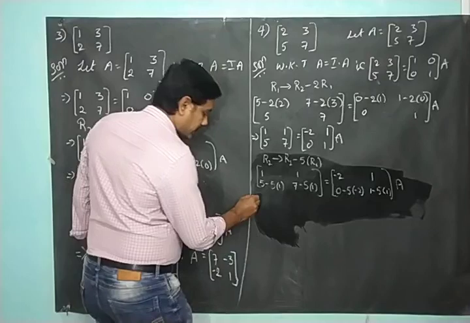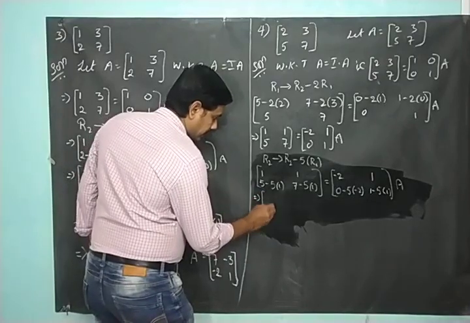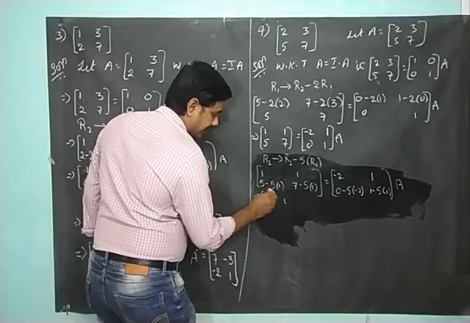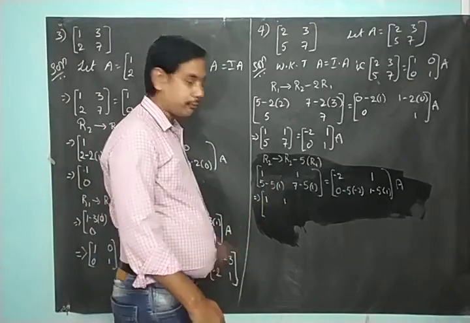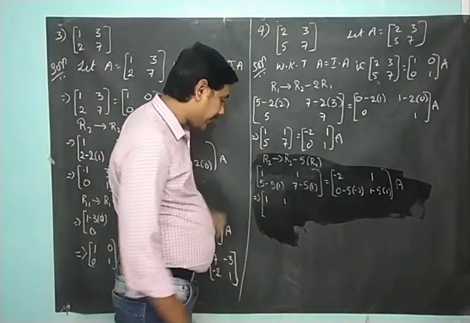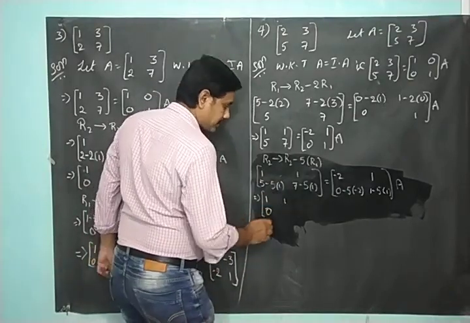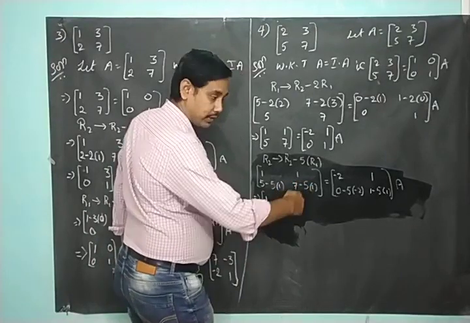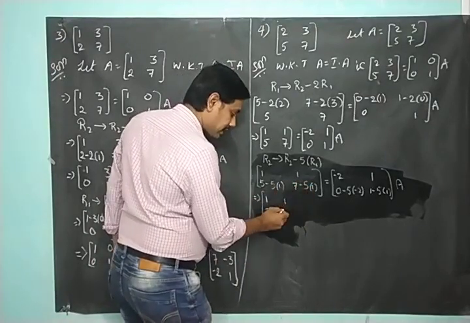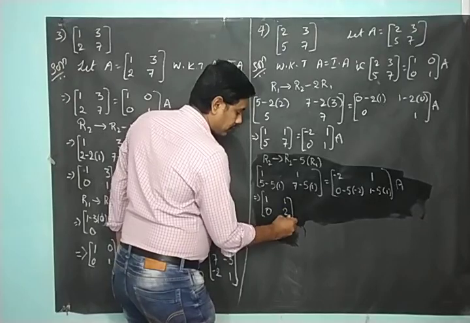Right? So this will give us 1 as it is. 5 minus 5 into 1. 5 into 1 is what? 5. 5 minus 5 is 0. 7 minus 5 into 1. 5 into 1 is 5. 7 minus 5 is 2.